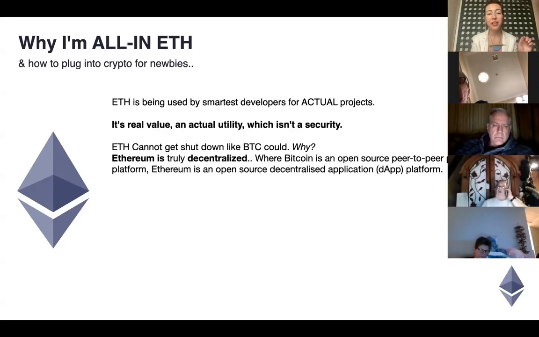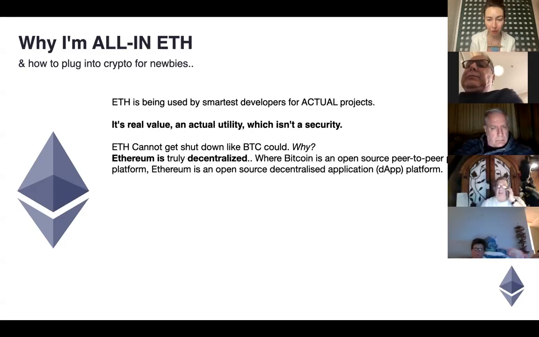The other thing is Ethereum can't get shut down like Bitcoin could. Why is that? Well, Ethereum is truly decentralized, where Bitcoin is an open source peer-to-peer payment platform. Ethereum is an open source decentralized application platform.